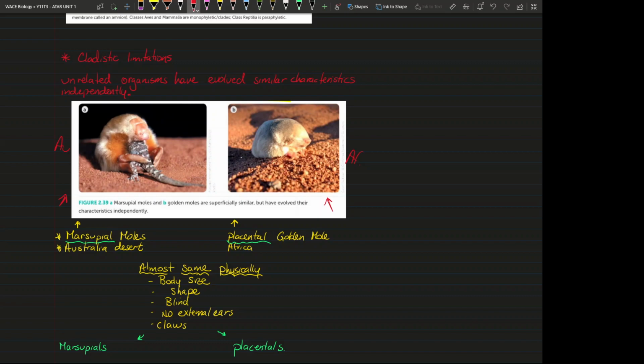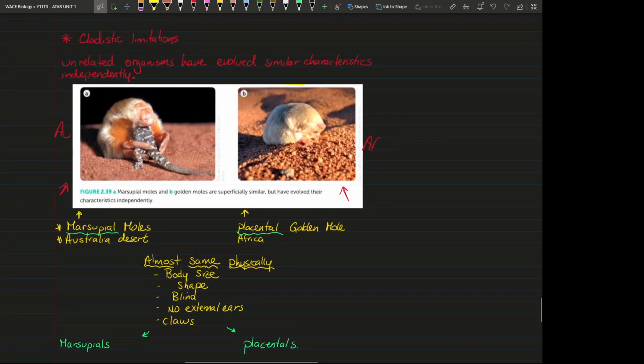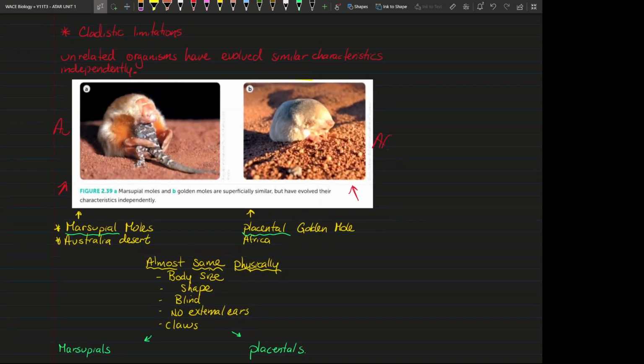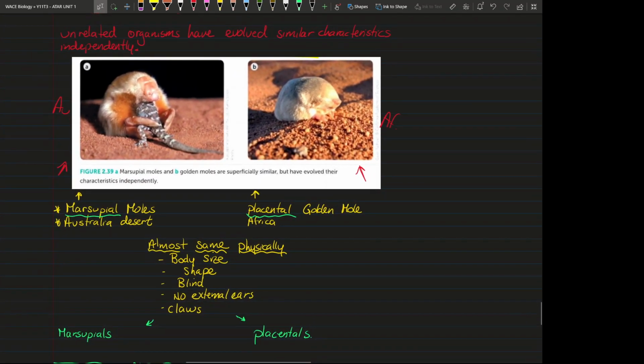They're blind, they have no external ears, they have internal mechanisms, they have claws, they have a blunted tail, and their fur is very silky. So they look almost identical, but the Australian moles are marsupials. We know what marsupials are. The golden mole is a placental organism, so they're quite different, but they look almost identical.